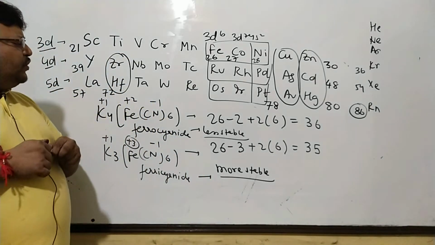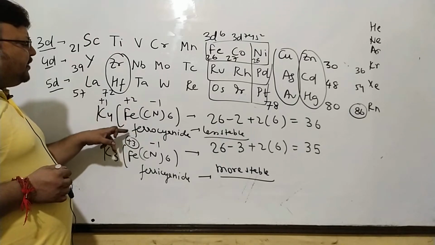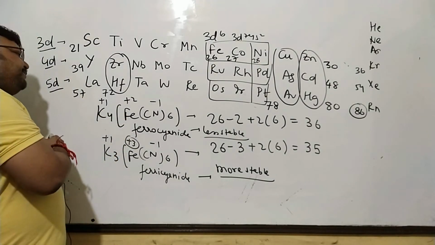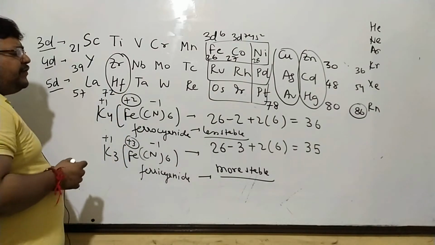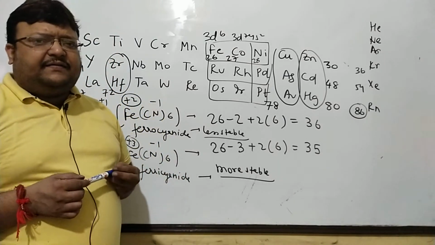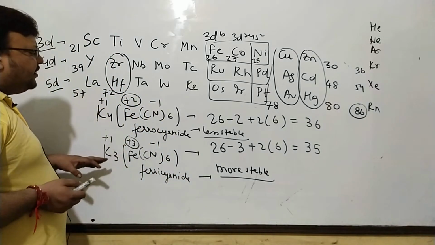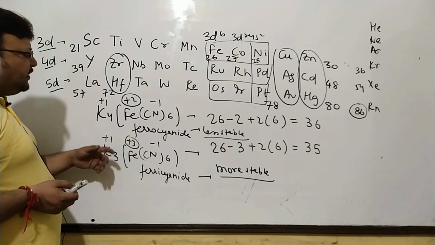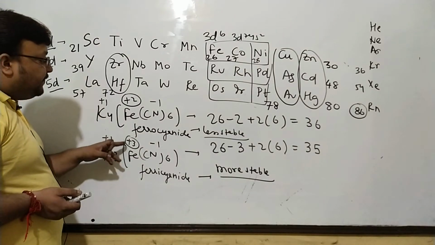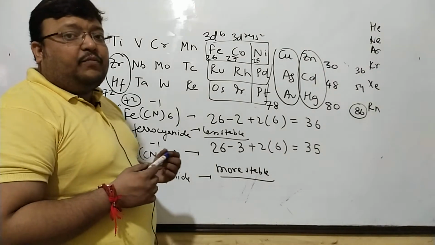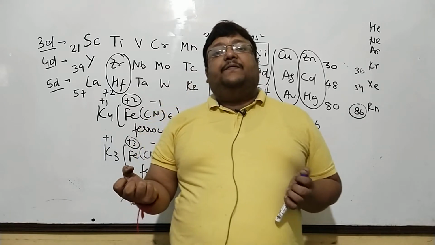Now, naturally, when I look at these two complexes, ferrocyanide and ferricyanide, knowing nothing about effective atomic number, knowing nothing about primary valency and secondary valency, any observer with a basic understanding would tell me that ferric will attract cyanide more than ferrous.